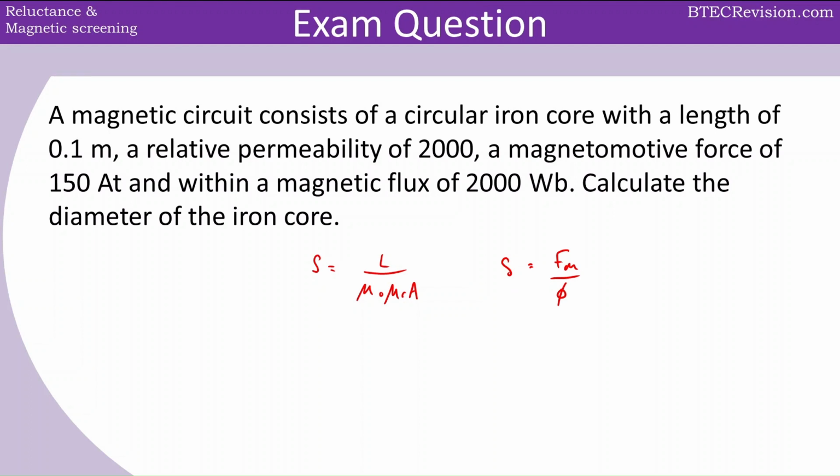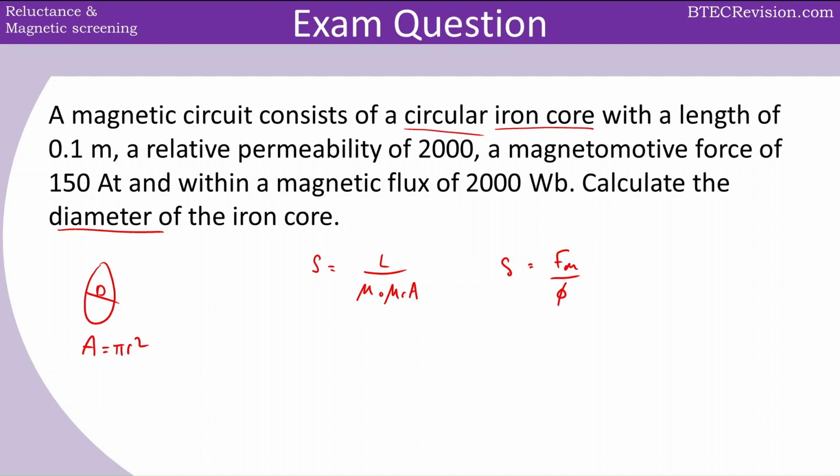Now, we can think about what we need to work out. It's saying that we need to work out the diameter of the iron core, which is circular. So for the diameter of a circular object, we can use the area of a circle, which is pi r squared.